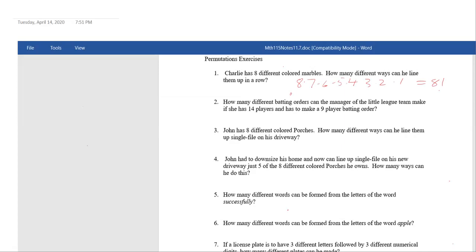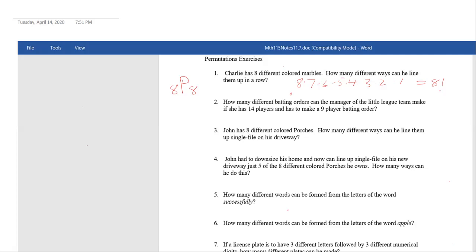You might note also that it's the same thing as 8 permutations of 8, 8 things taken 8 at a time. This is your answer, whatever that is. 8 factorial. You can just get that on your calculator.